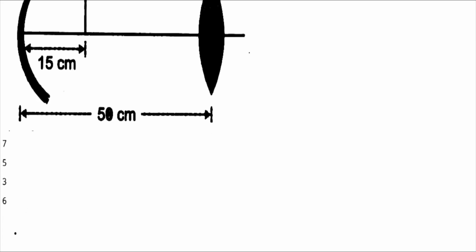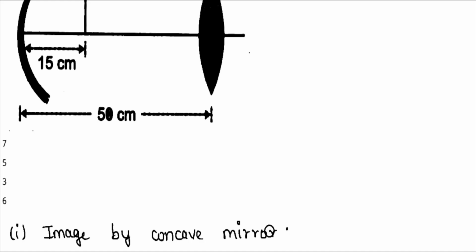So our first step will be image formation by the concave mirror, and we are taking the direction of light as positive for the mirror. So this is our positive and this is negative.